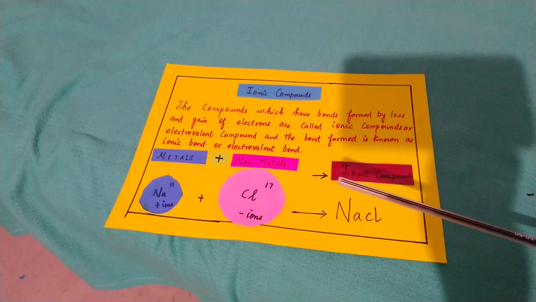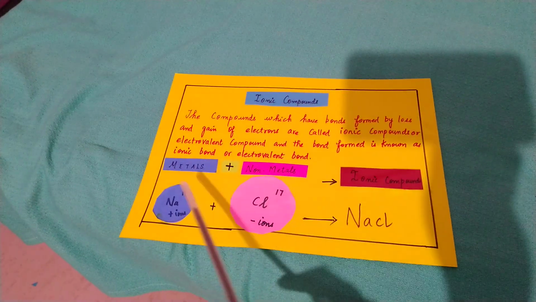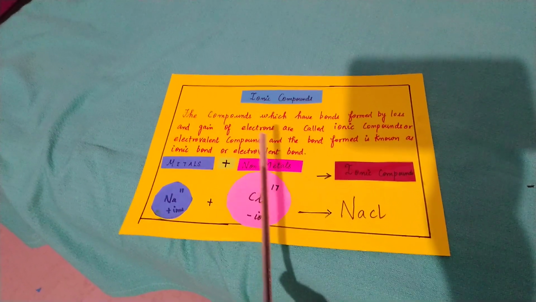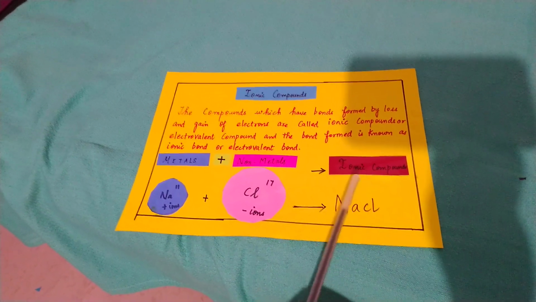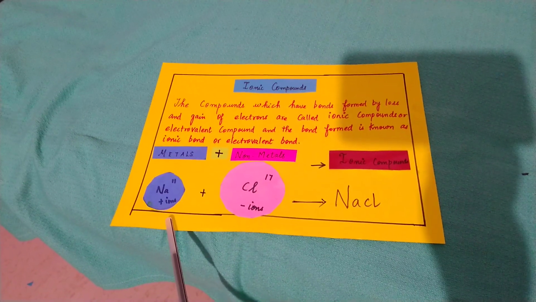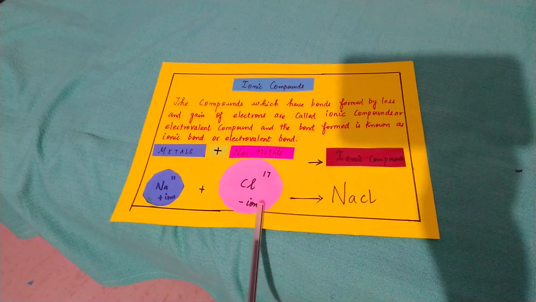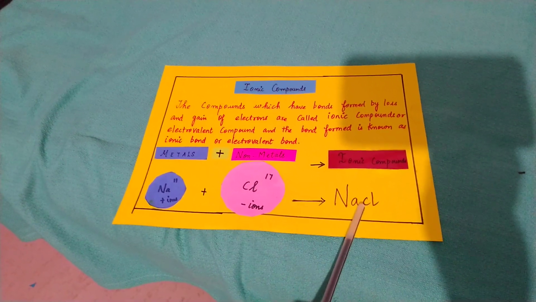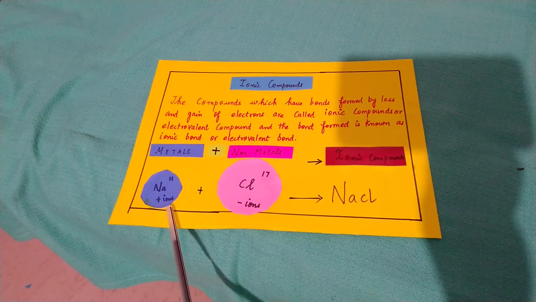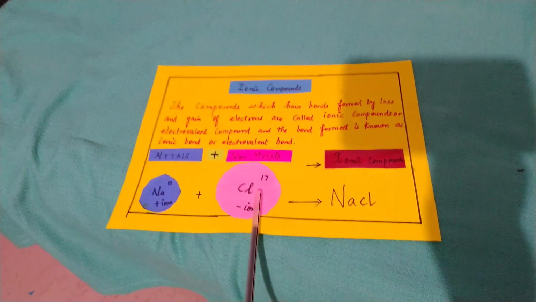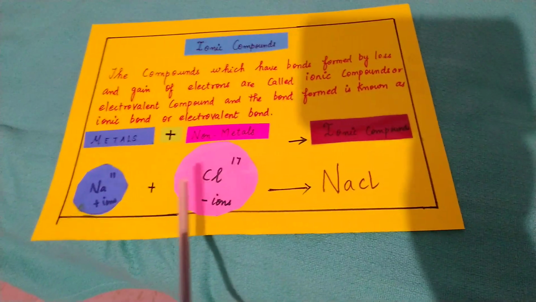How are these bonds formed? Ionic bonds form when metals react with non-metals to form an ionic compound. For example, sodium is a metal and chlorine is a non-metal, forming sodium chloride. Sodium's atomic number is 11 and chlorine's is 17.